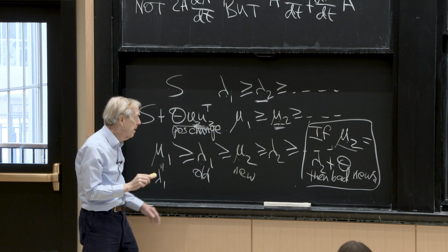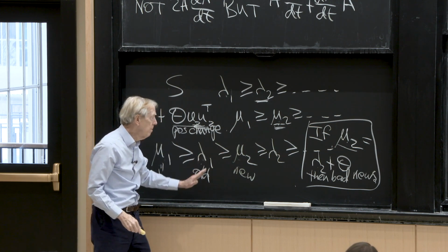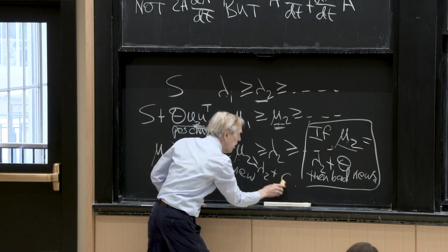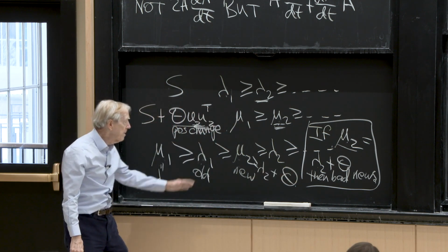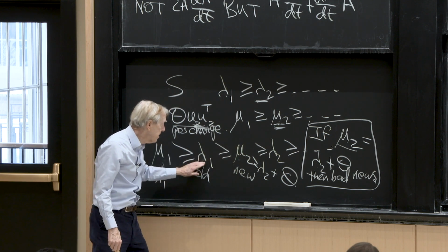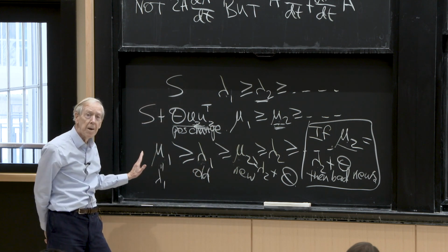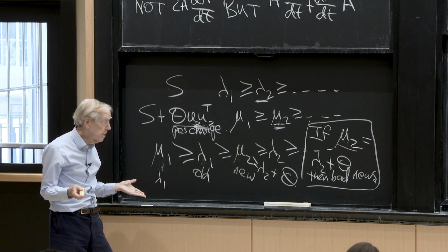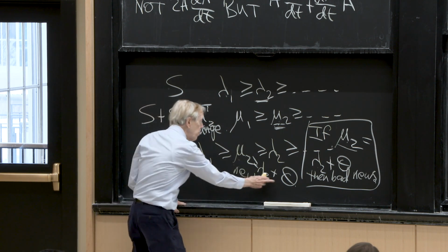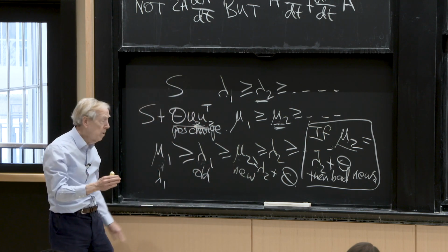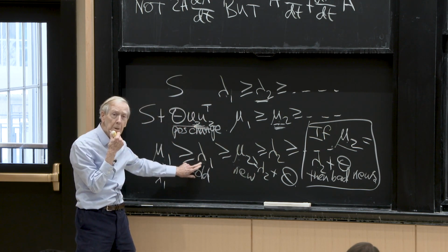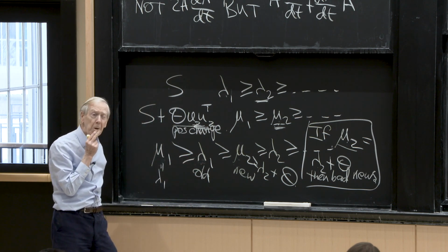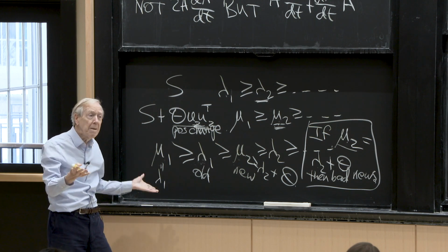What happens when mu 2, which is the old lambda 2 plus theta, the number, what happens when theta gets bigger and bigger and bigger and this hits this thing and then goes beyond? Just to see the logic here. What is lambda 2 plus theta, which was mu 2 until it got here, after it passes lambda 1? It's lambda 1 now.